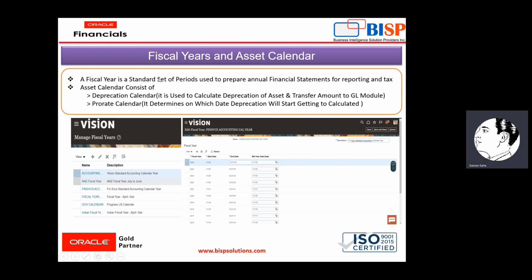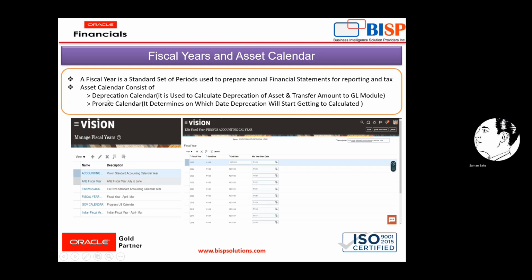In the depreciation calendar, you should take care of the naming convention of the calendar and the format, which you used when you created the accounting calendar in GL in the chart of accounts. That should be matched with the same name and convention, and the same format should be used in depreciation.